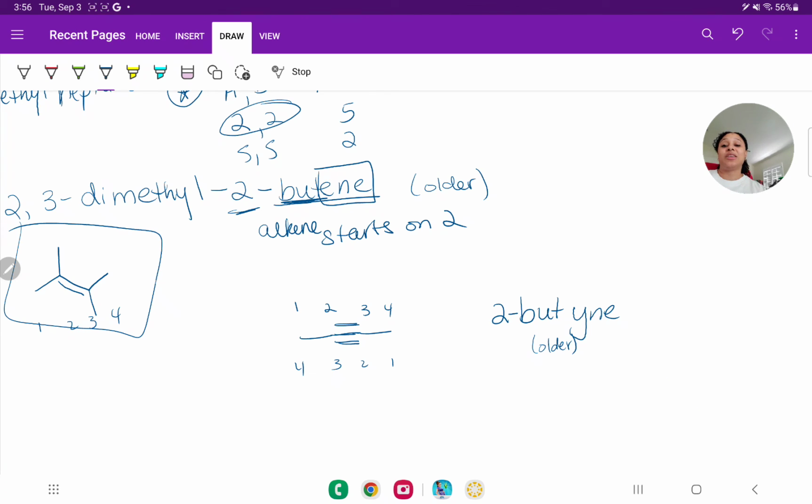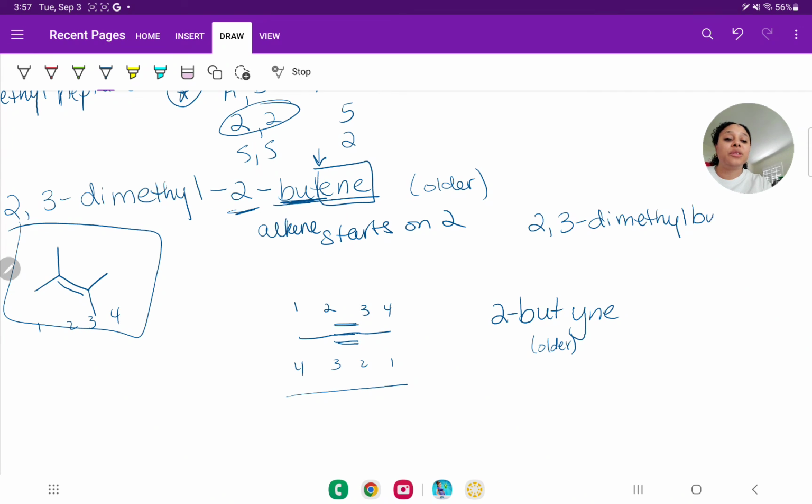Here I have an alkene, and the bottom one I have an alkyne, but what if I had some other stuff? So the other way of naming this is to put the 2 in between the number of carbons and the alkene. I can name this 2,3-dimethylbut-2-ene. The other way to name this one is similar, but-2-yne. You just put the 2 in between.